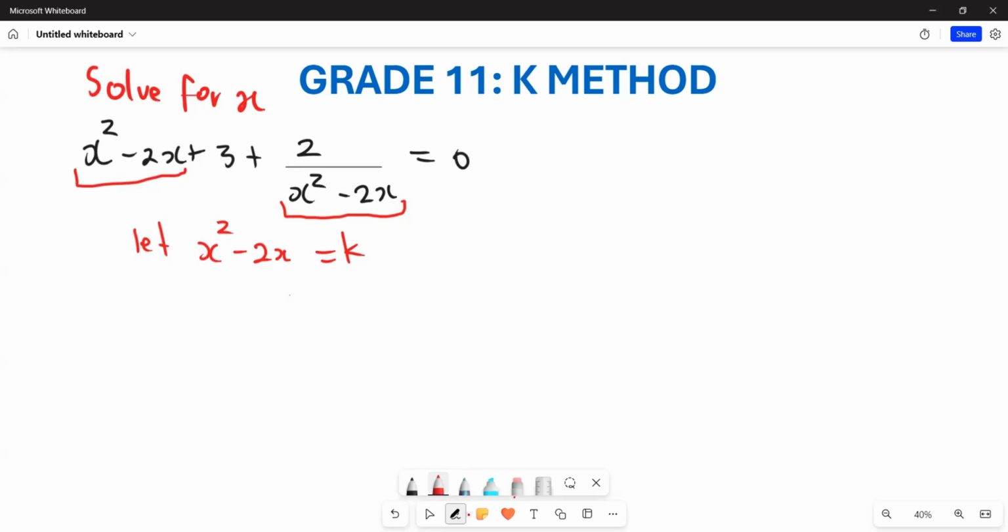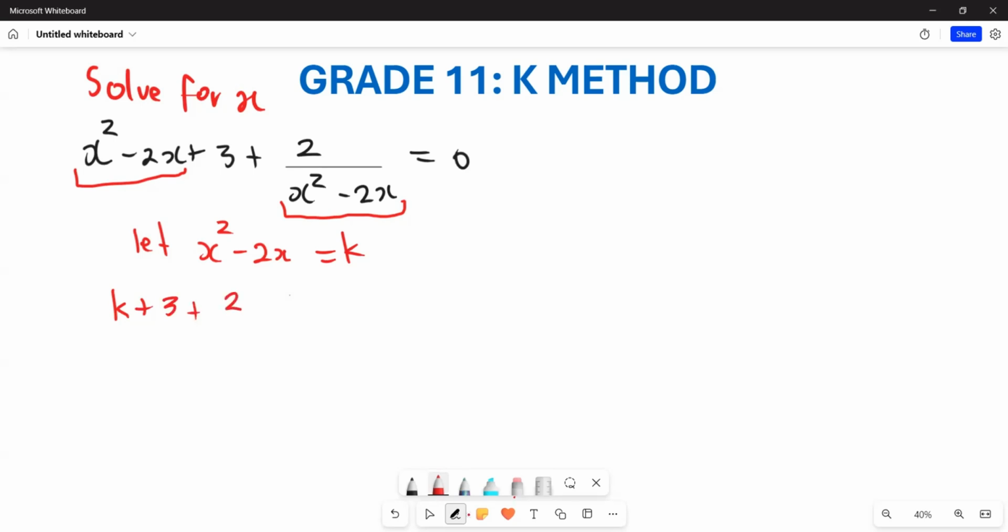So if you do that, this is going to be the same as what? Do I have a space where I had x squared subtract 2x? Definitely you had one, right? So this is going to be k plus 3, and then plus 2 over k is equal to 0.